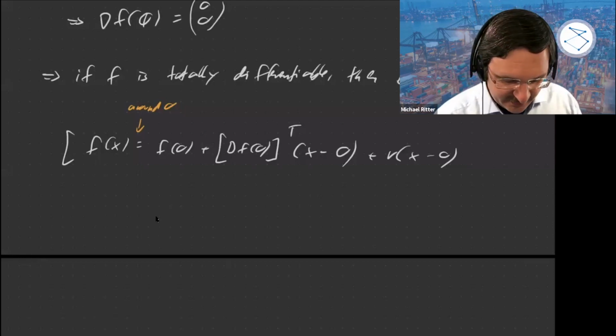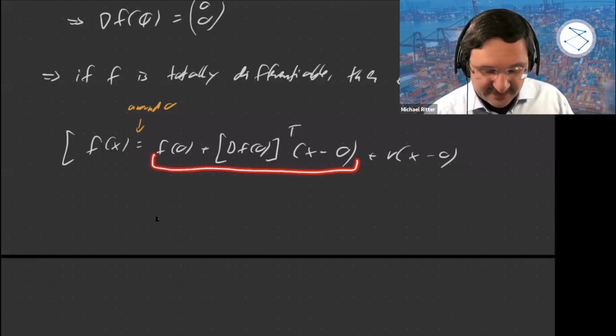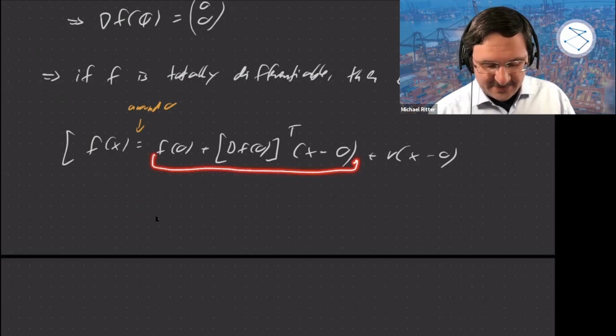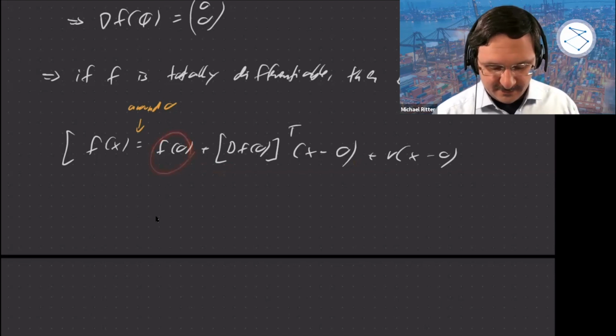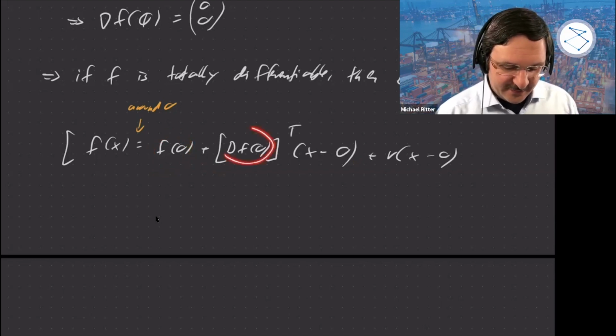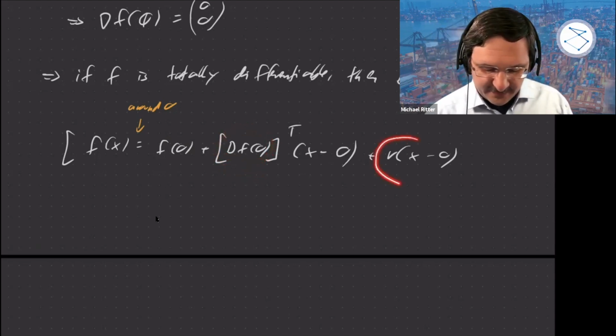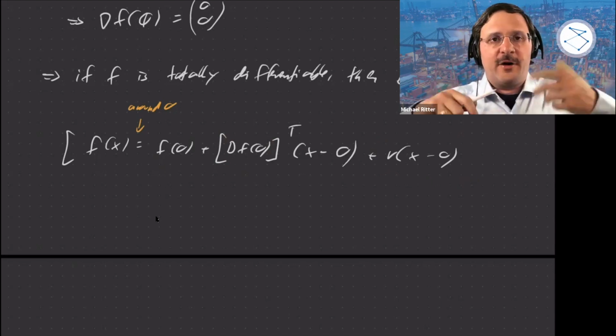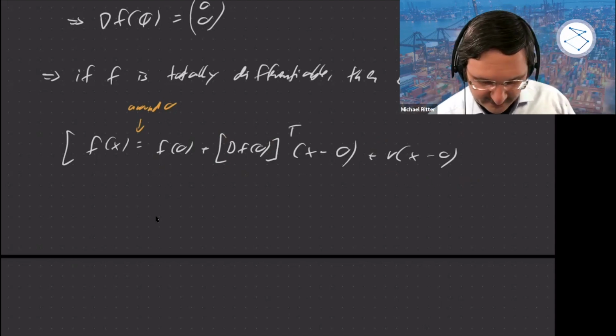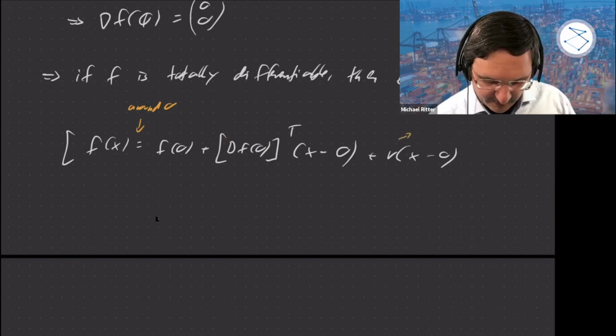So this here is basically a plane in three-dimensional space that contains that point 0, f of 0. And the direction is given basically through this vector here. And this here, that remainder part, captures the behavior of that function that is different from the plane. So the error of the approximation, basically. Right, so this here is the approximation error.